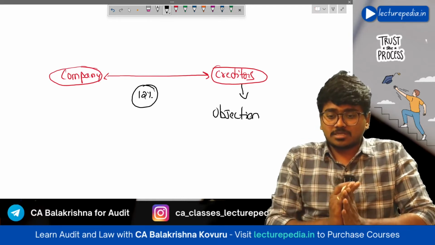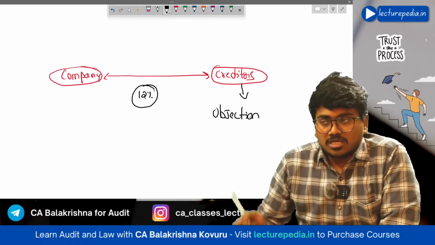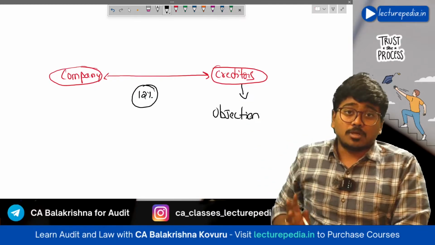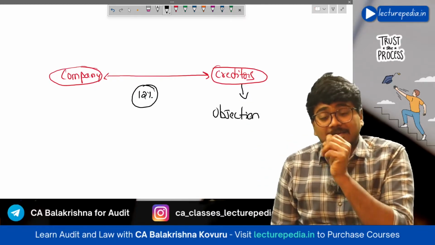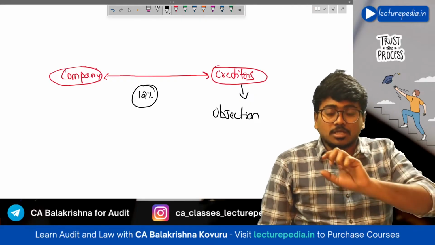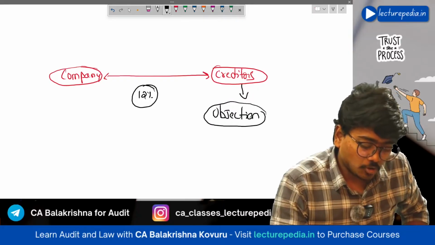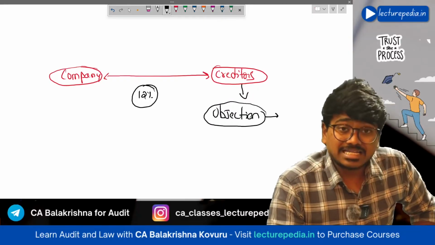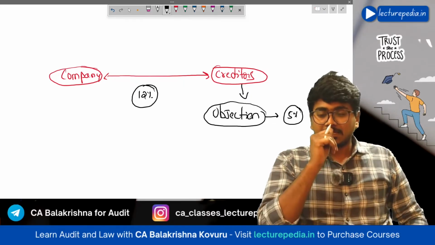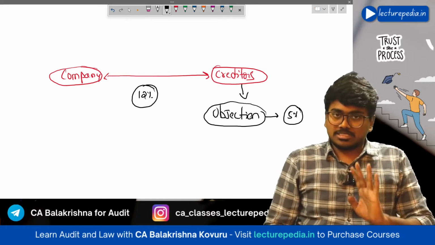What type of objection? They are not okay with 12%. They wanted 13%. From 14%, they are okay to reduce to 13%, not 12%. So this is an objection. They are okay with the scheme subject to certain conditions. So to raise the objection, how many creditors? At least creditors holding 5% value of outstanding debt have to raise an objection.